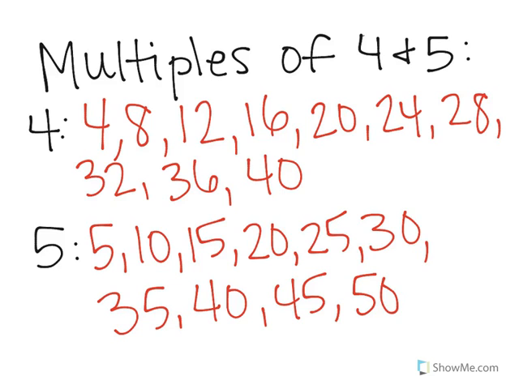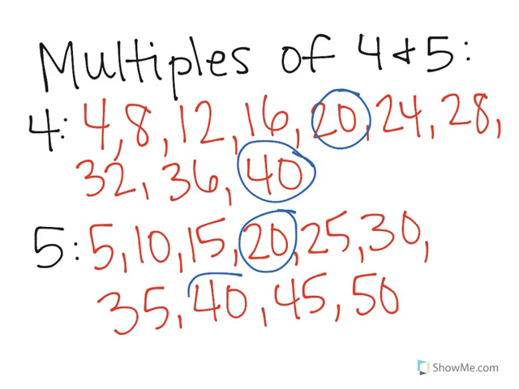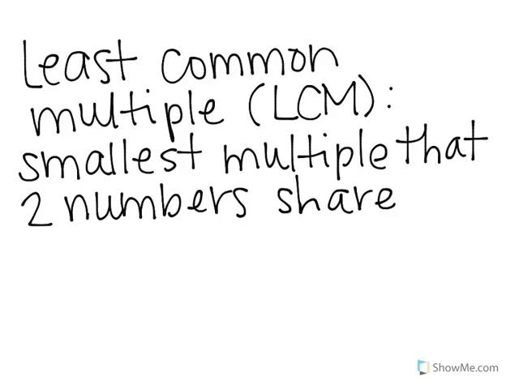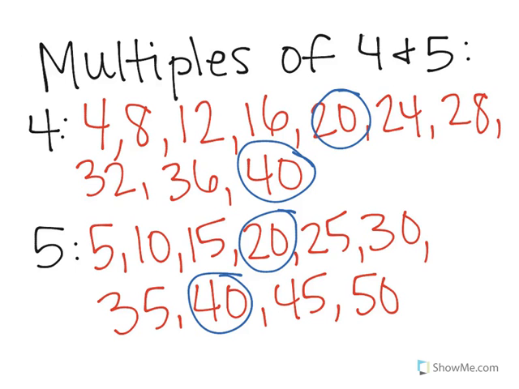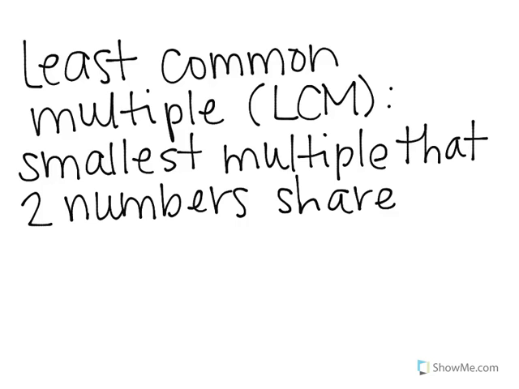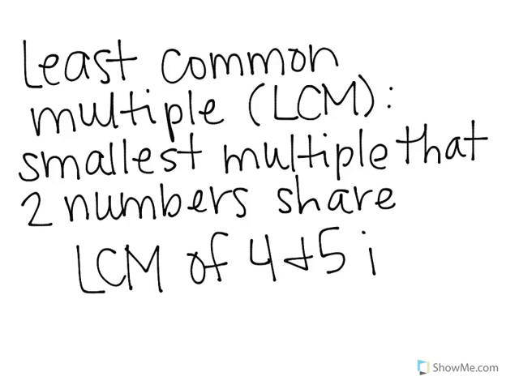So if I do that, looks like 20 they have in common, and 40 they have in common. Well, my least common multiple says the smallest number that they share. So between 20 and 40, 20 is the smallest. So I'm going to come back here and write the LCM, least common multiple, of 4 and 5 is 20. That is the smallest multiple that they have in common.